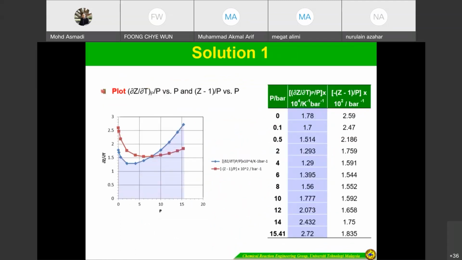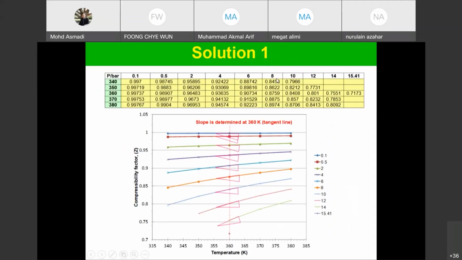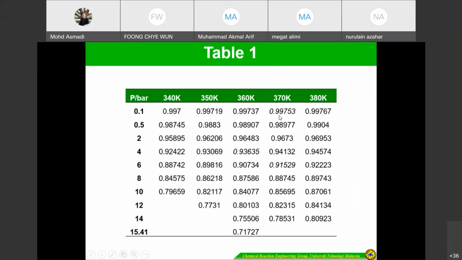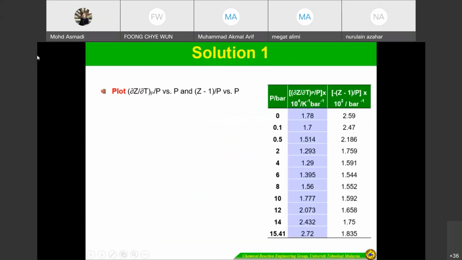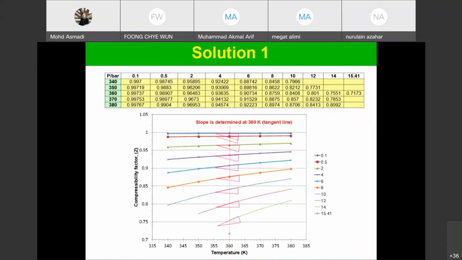The equation is delta Z over delta T, meaning Z2 minus Z1 over T2 minus T1. You get it? That's why you have to find the tangent line, just to get delta Z divided by delta T.